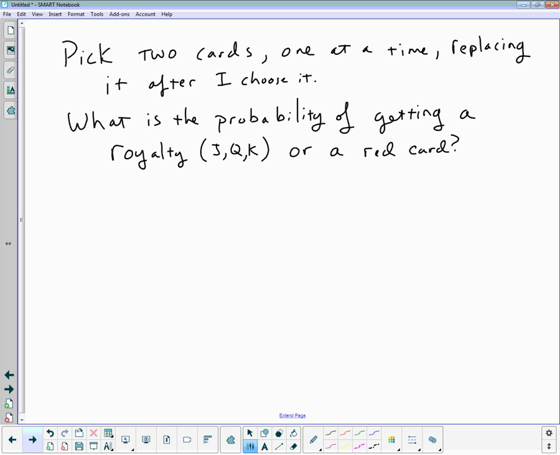You could win by getting a royalty, or you could win by pulling a red card. Okay? So in the beginning, what is the probability with a royalty? There are how many royalties in the deck? There are 12. 4 suits, 3 cards, so 12 cards.